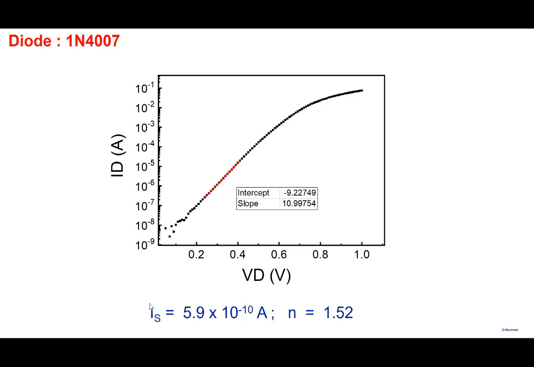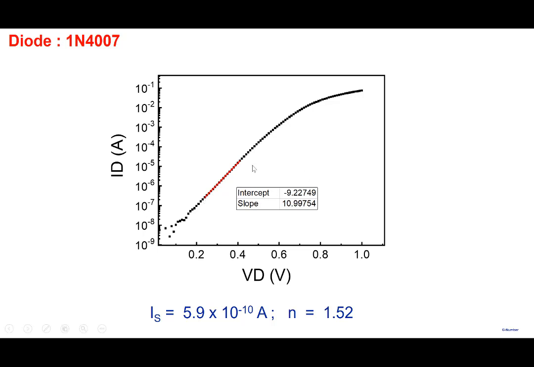There is considerable variation. These are the diode's characteristics measured using a fairly precise measuring instrument, much more precise than the one we use in the lab. We can easily measure currents below picoamperes also.